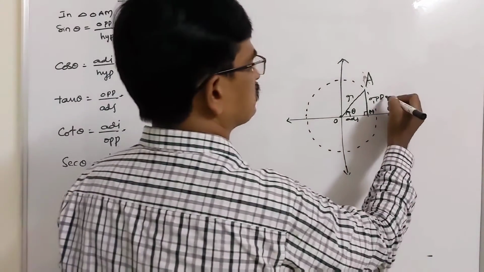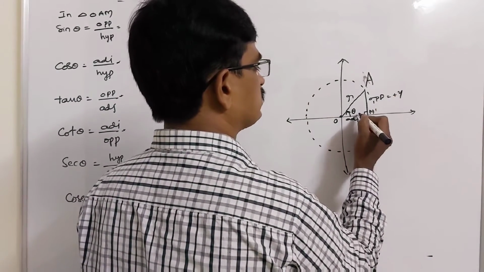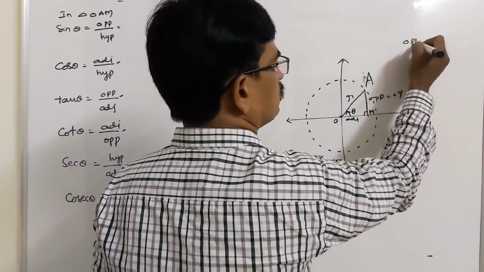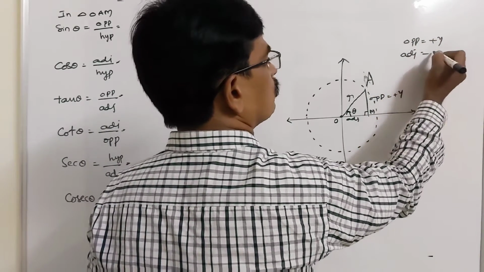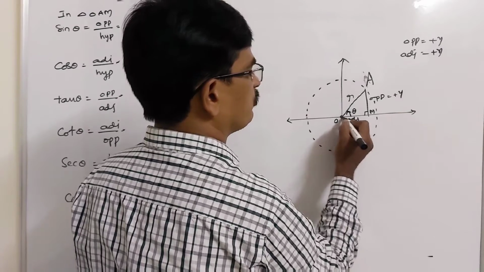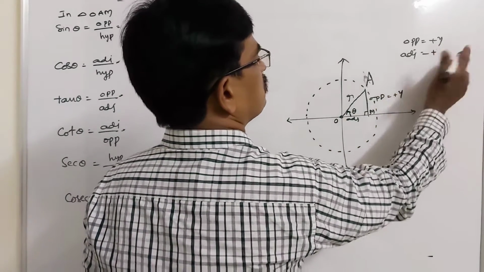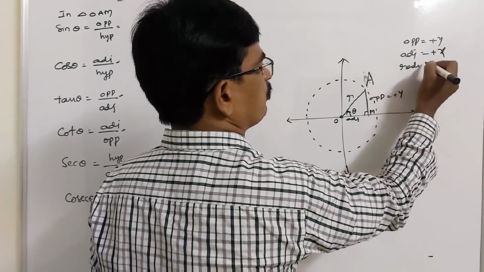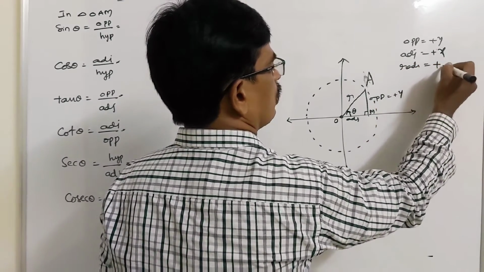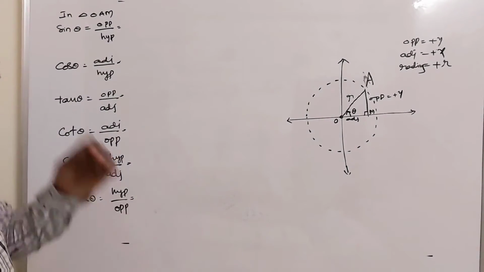So your opposite side is nothing but plus y and adjacent side is plus x. Opposite side is equal to plus y, adjacent side is equal to plus x. This is the distance from O to M, which is x, and radius is always positive.